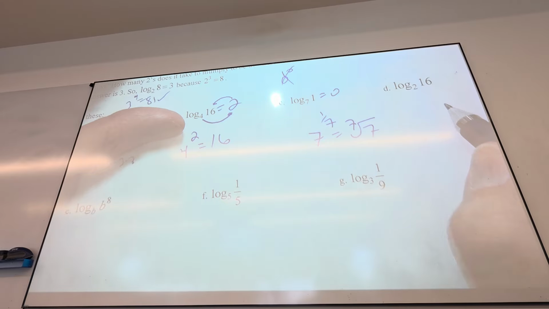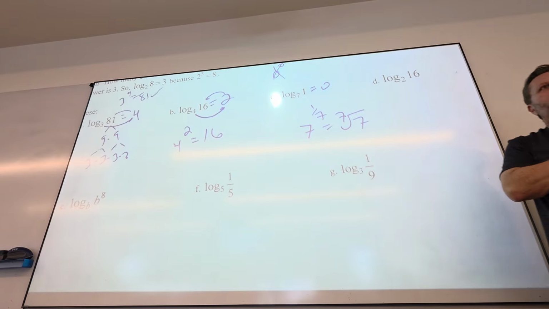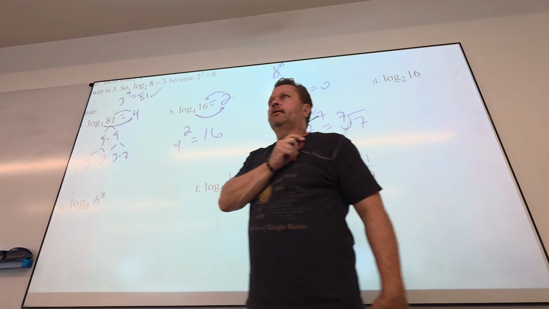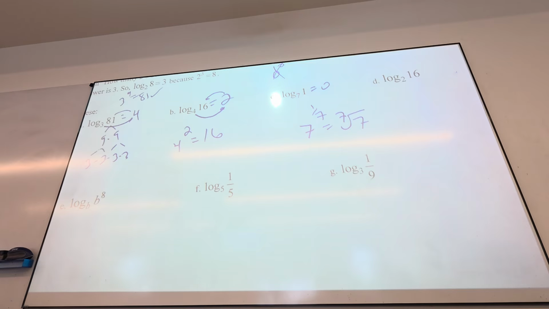Which is not the answer I want, right? That's not 1. The 7th root of 7 is the number that I multiply by itself 7 times to get 7. Does such a number exist? Yes. Is it nice to look at? No. Is it 1? No. You guys with me?